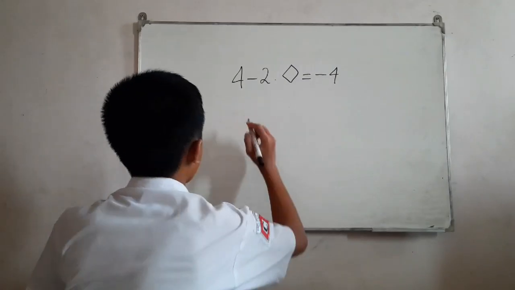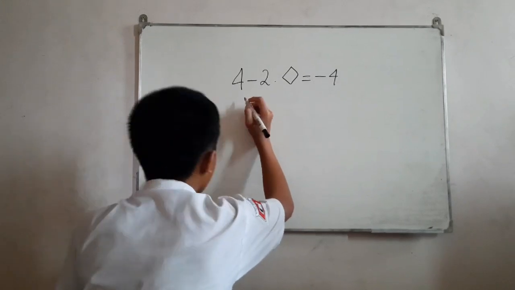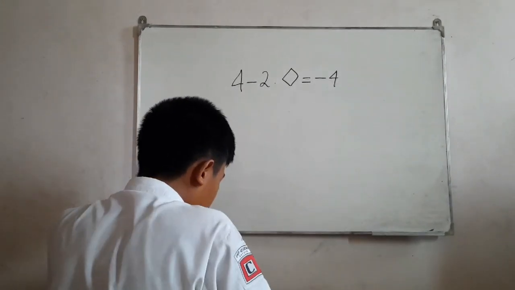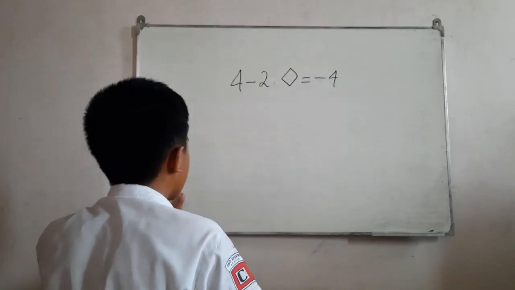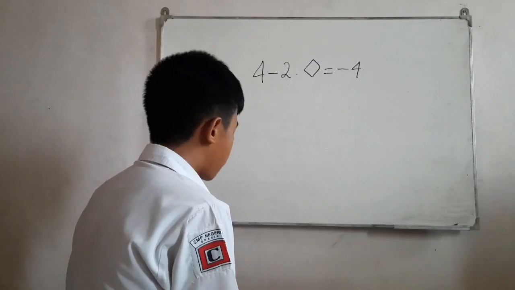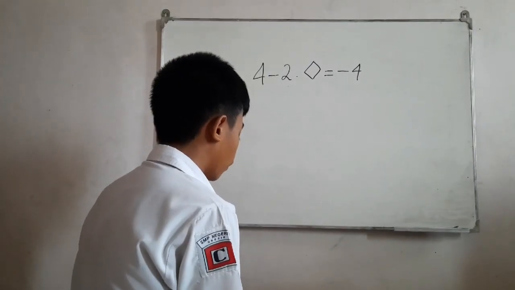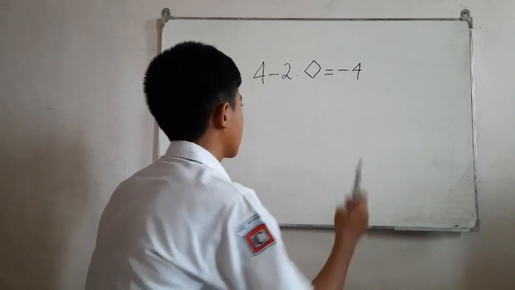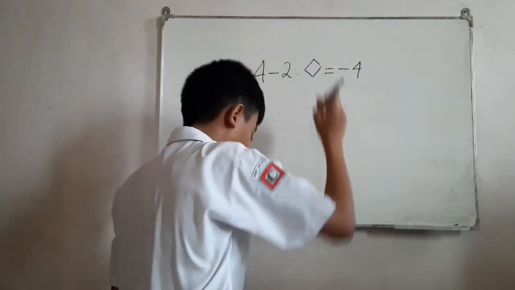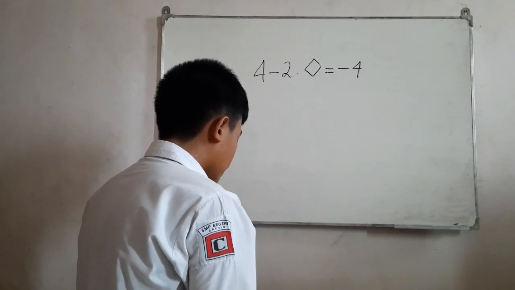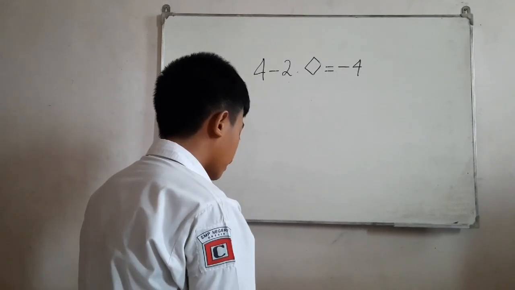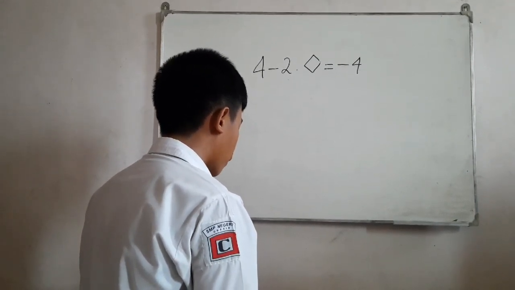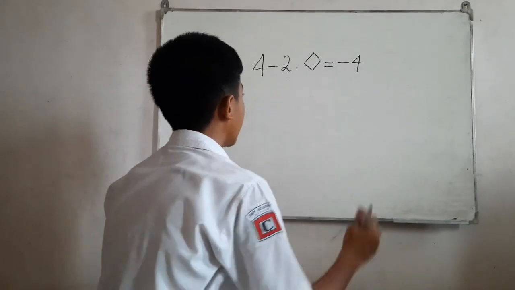Then we have to get rid of the 4 on the left by subtracting 4. But if we subtract 4 on the left hand side, then we must also subtract 4 on the right hand side because they have the equal sign.